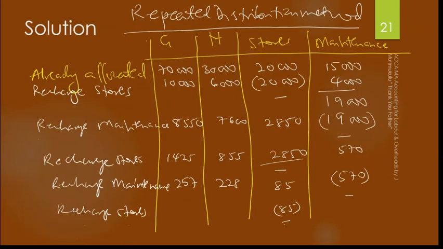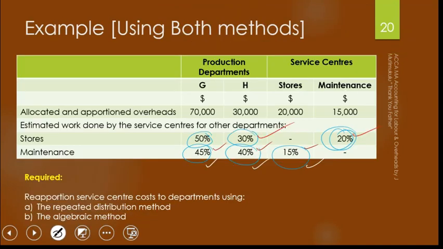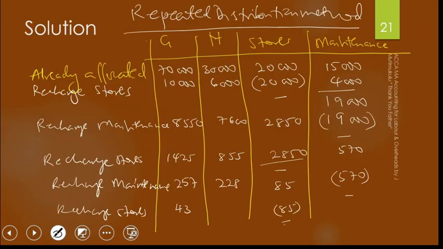So 50% of 85, obviously this is 42.5, that is 43. And then the 30% of 85, this should be 25. Okay, and then we are left with 17. Then we have to remove the 17.